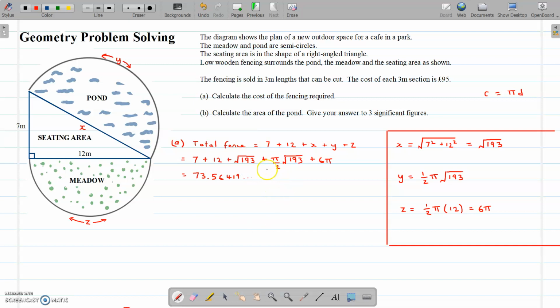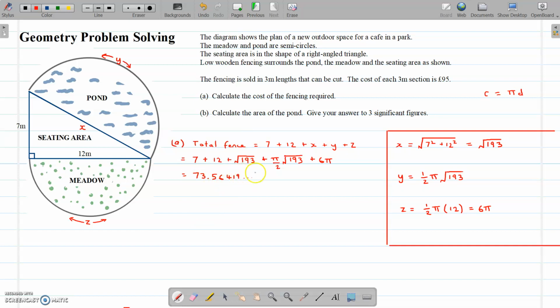The calculator will keep things in natural and exact form as far as possible, but once you go to something which involves square rooting something and then a factor of pi, it will decimalize it, and at that point you can do the same, but far more accurately than you need it to be. All right. So I now know the total length of the fencing.